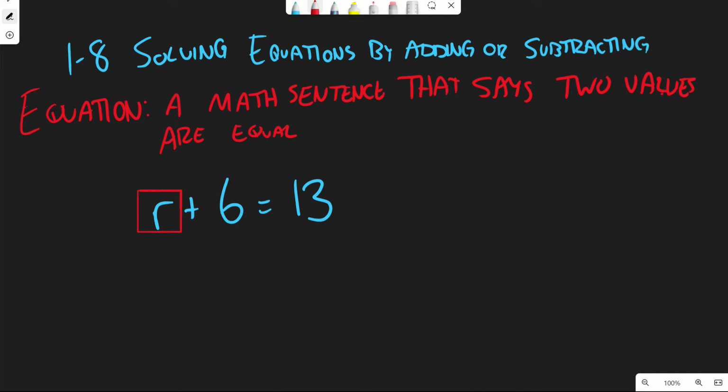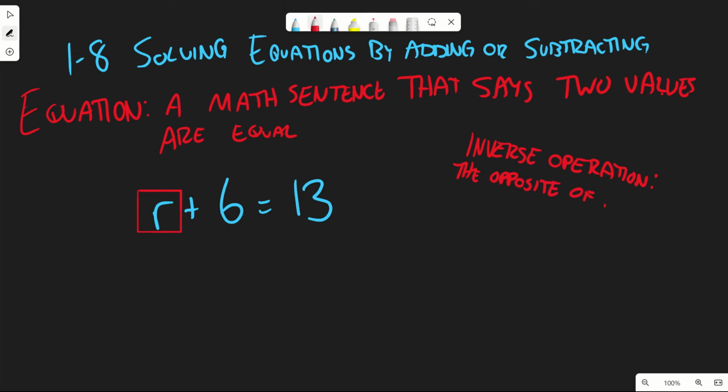The way I get rid of my plus 6 is by doing an inverse operation. An inverse operation is the opposite of a math problem.